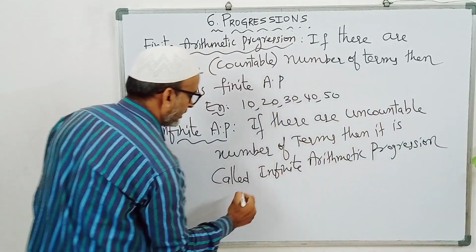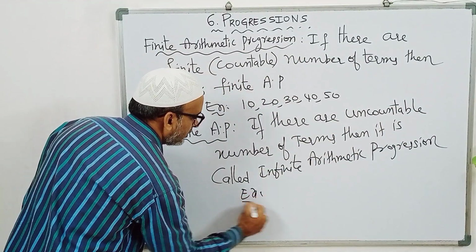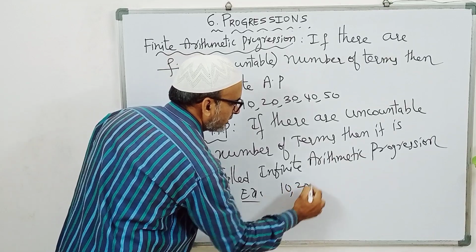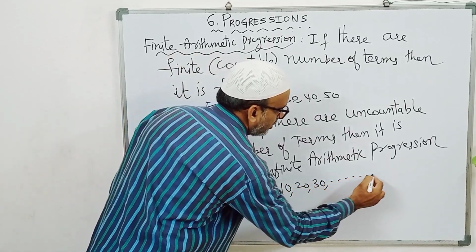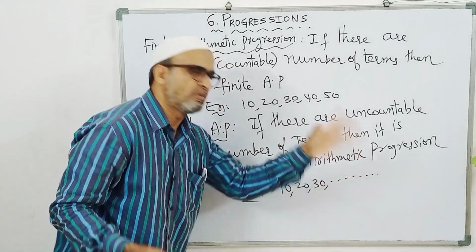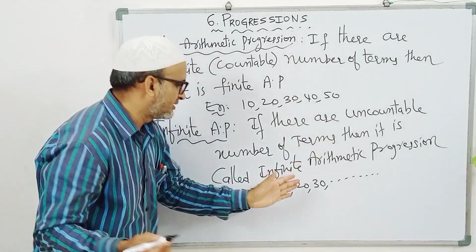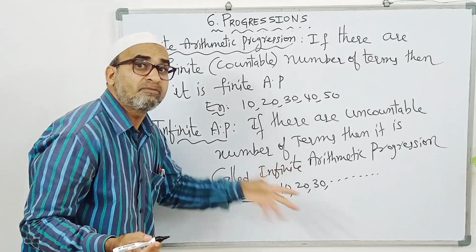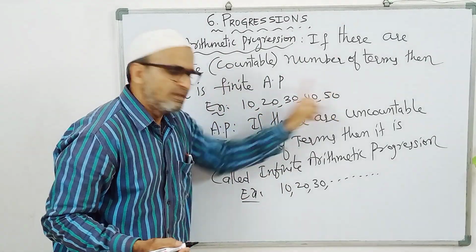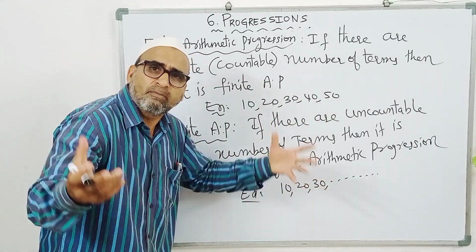Means what? Example, suppose 10, 20, 30, and so on. 1, 2, 3, and so on. How many terms are there? We cannot count. This is the example of infinite. Finite means number of terms will be limited. Infinite means we cannot count the number of terms.